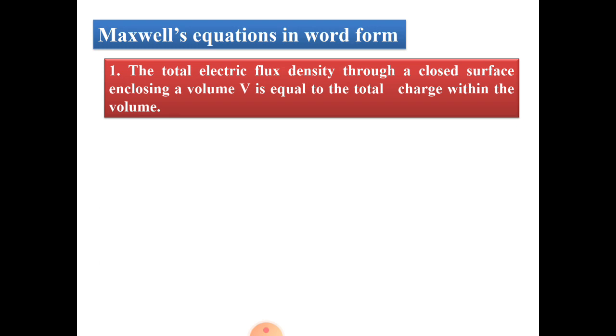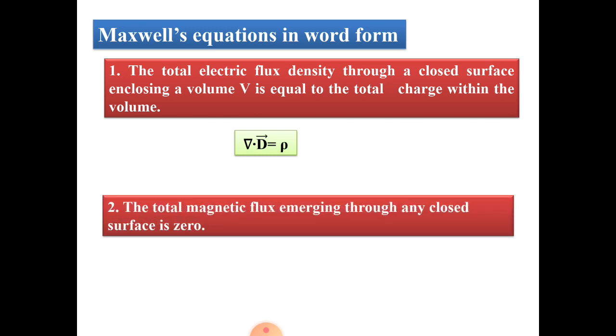So the last concept here: Maxwell's equations in word form. We have seen all the Maxwell equations in the last class videos. The first one: the total electric flux density through a closed surface enclosing a volume V is equal to the total charge within the volume. So the equation we have written is del dot D equals rho.